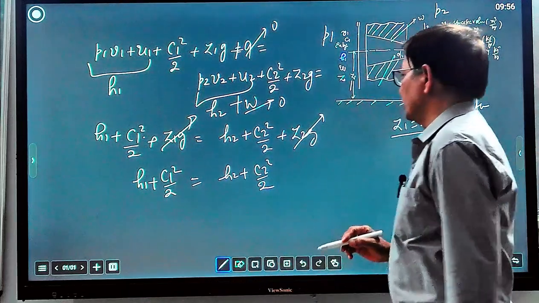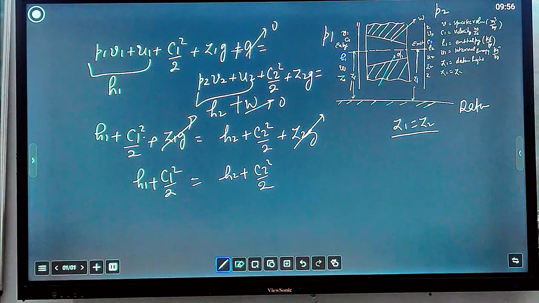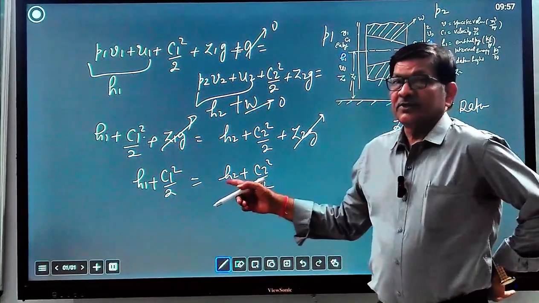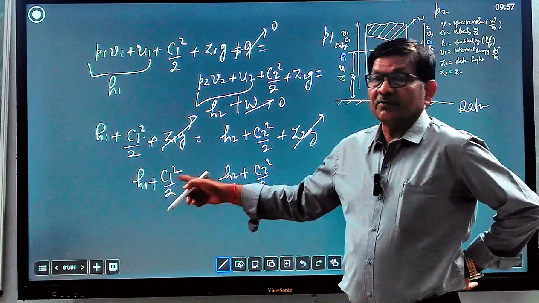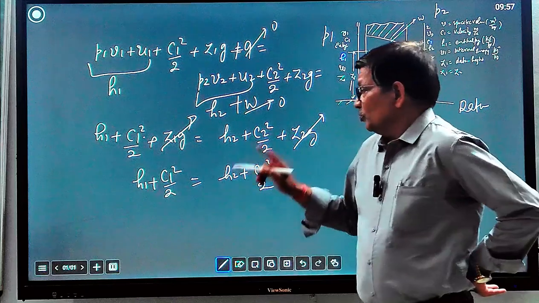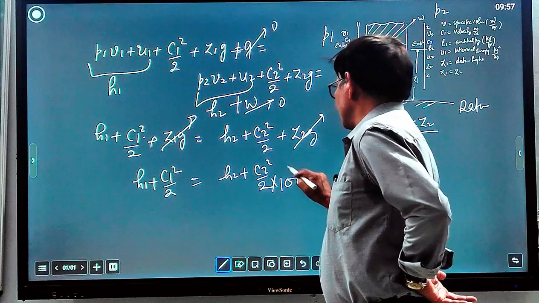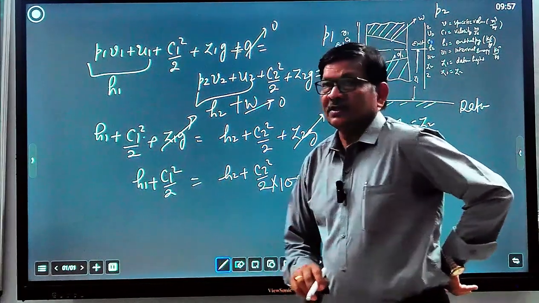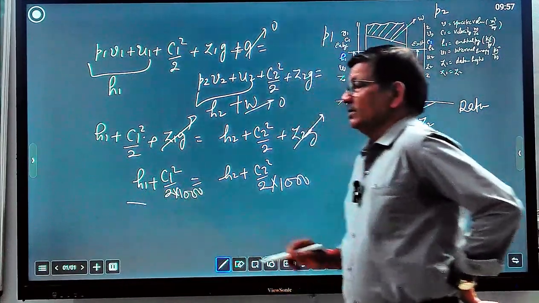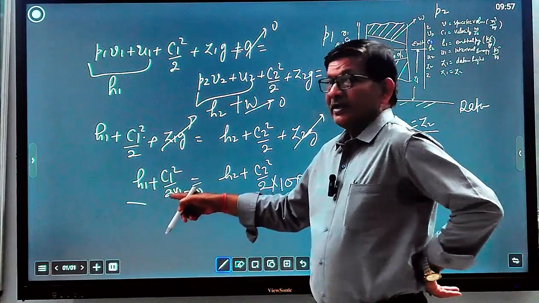Here we have to find the C2 value. One thing I want to remind you: in this equation, H1 is in kilojoule per kg and H2 is also in kilojoule per kg, and C1 is in meter per second, with mass taken as 1 kg. To make it uniform, you have to divide by 1000 to convert the kinetic energy term, because H1 is in kilojoule and C1 square by 2 is in joule.